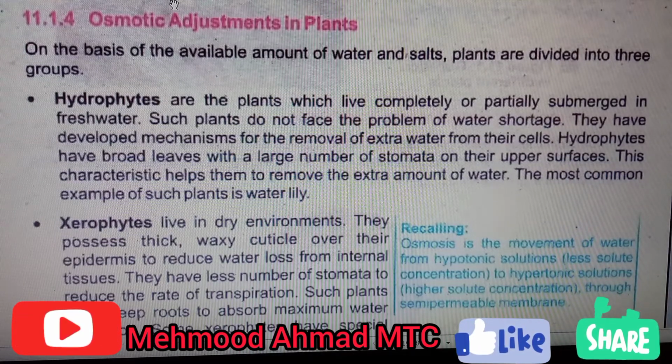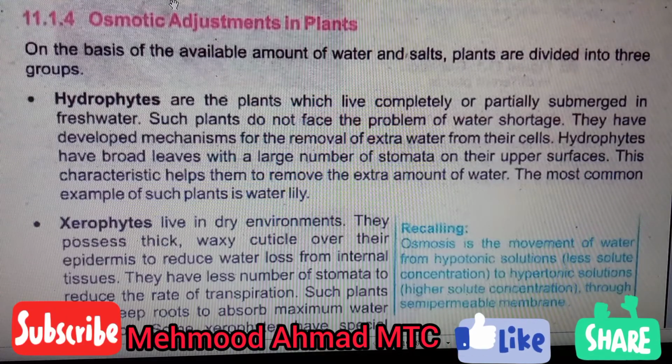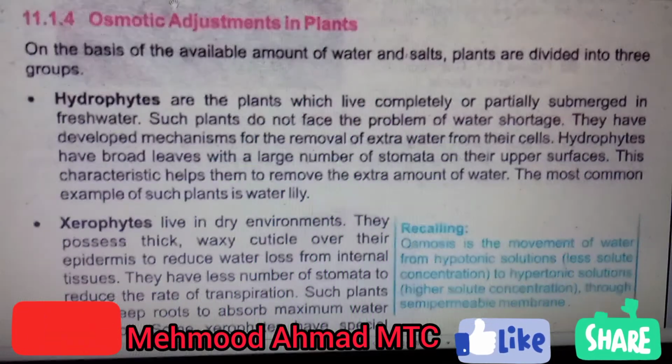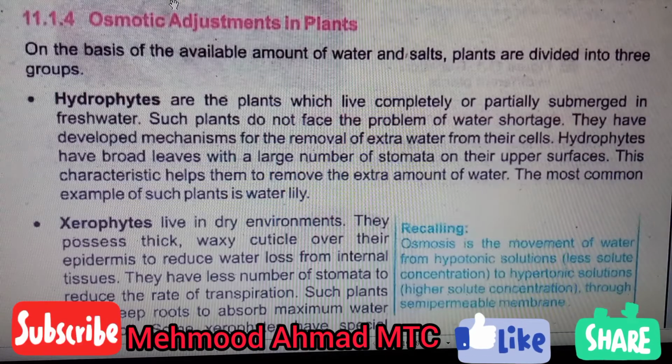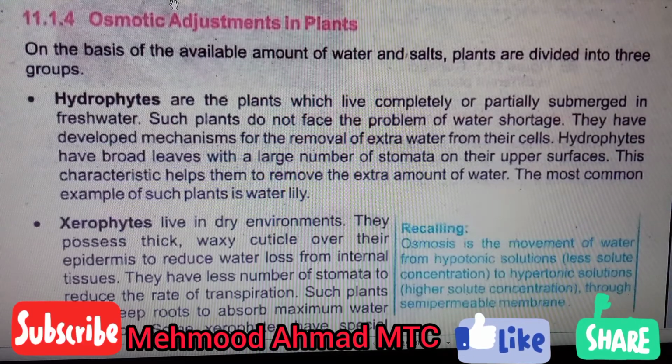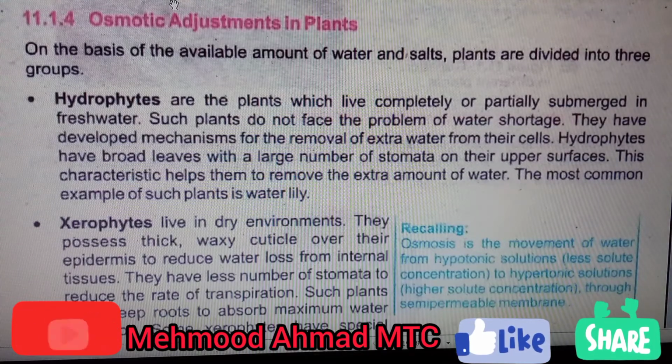They have developed mechanisms for the removal of extra water from their cells. Hydrophytes have broad leaves with a large number of stomata on their upper surfaces. This characteristic helps them to remove the extra amount of water. The most common example of such plants is water lily.